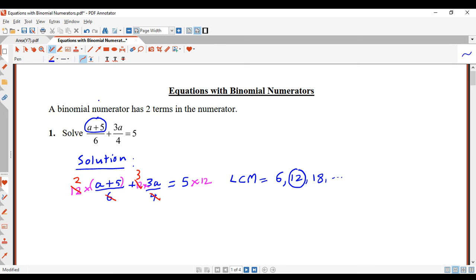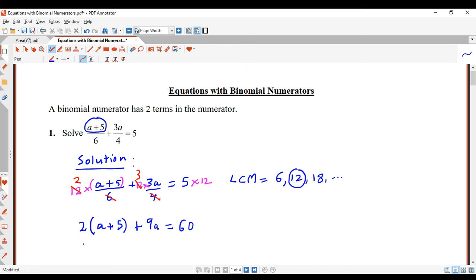We're now ready to write down the next step. We've got the 2 there, and don't forget the brackets that we put in before, 2 brackets, a plus 5, plus, now this is 3 times 3a, which is 9a. And then we've got 5 times 12, which is 60.